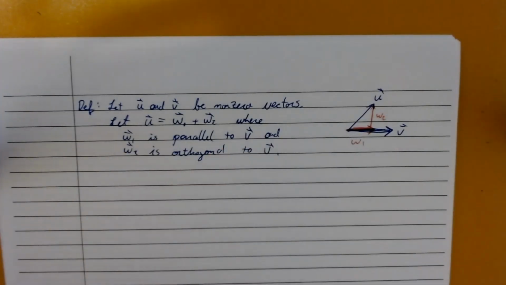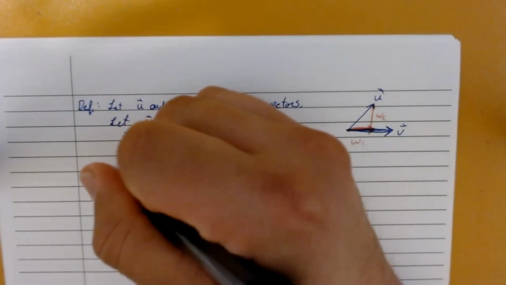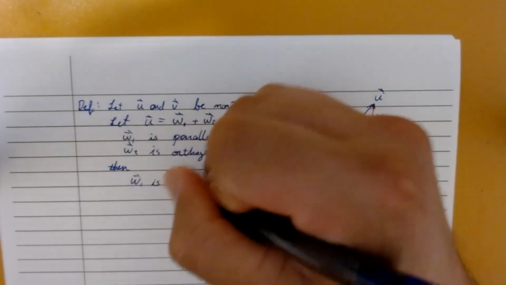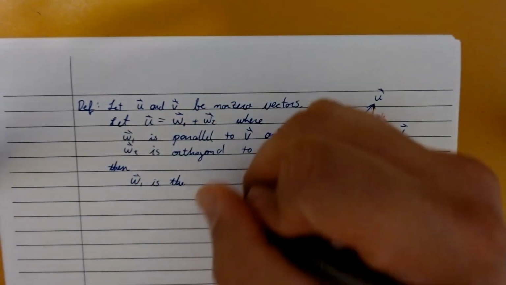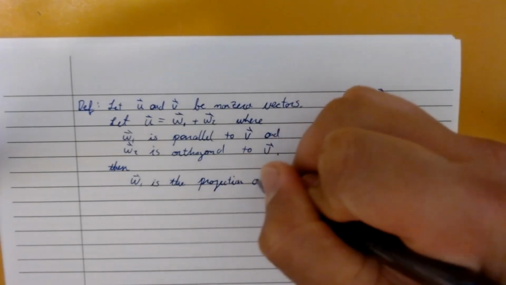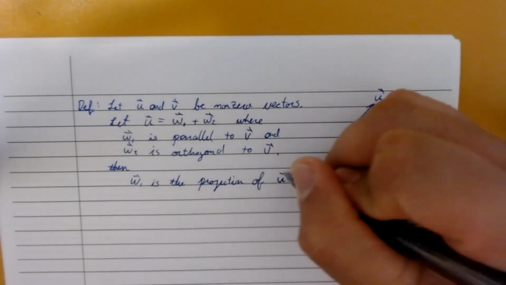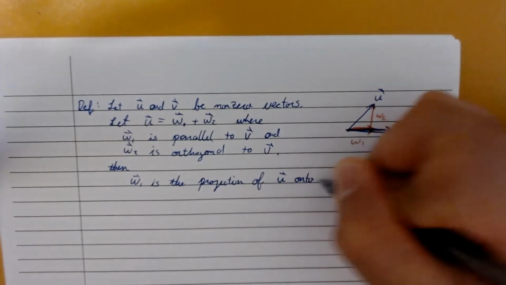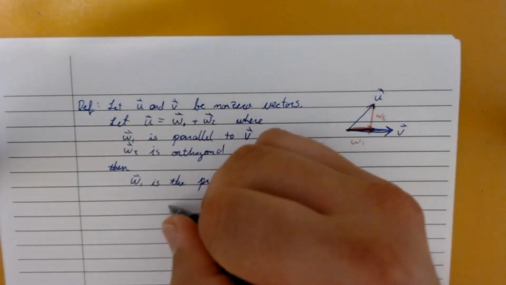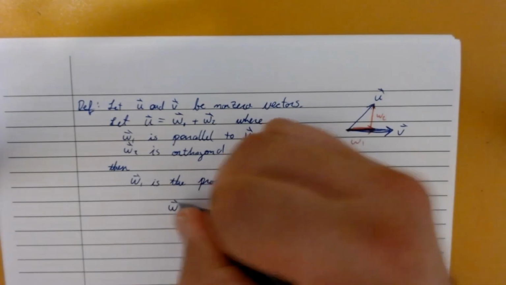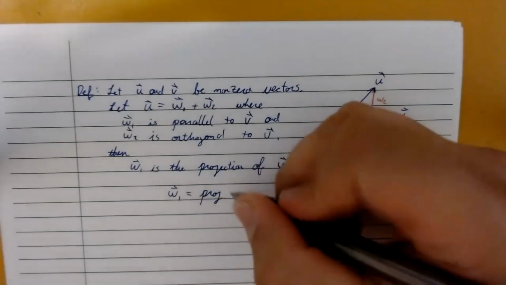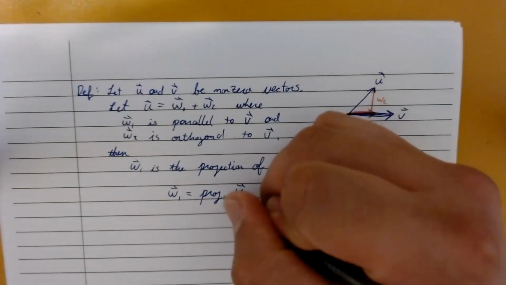In that case, w1 is what's called the projection of u onto v. And it's denoted w1 equals the projection, P-R-O-J, of u onto v.